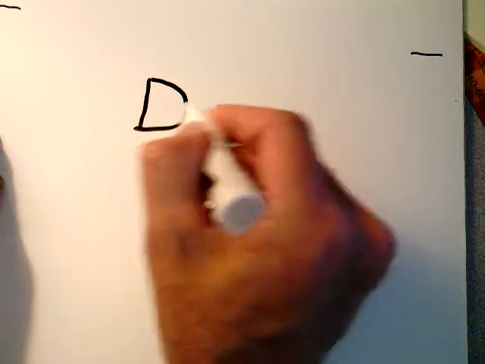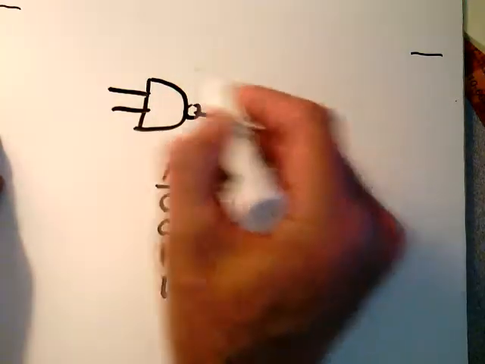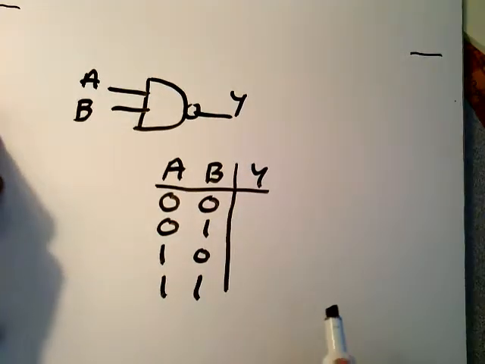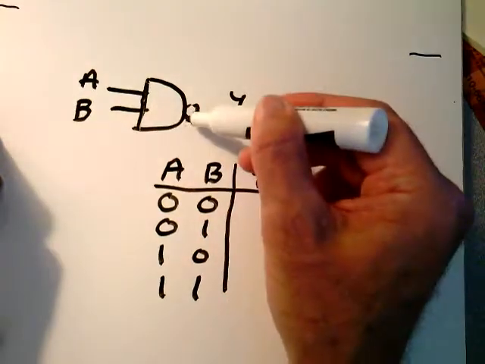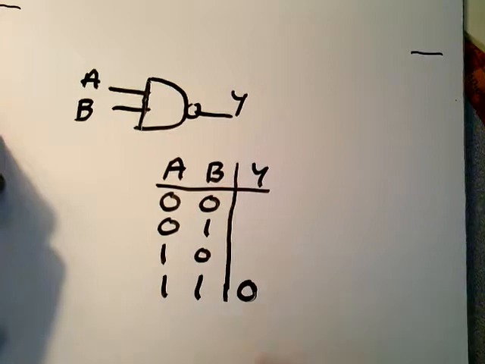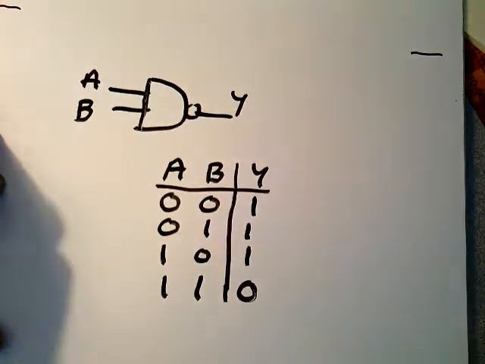The NAND gate looks like this in its basic form. This is Y, here's your A, and here's your B. This says a 1 here and a 1 here is the only time you get a low out. That's where the story's told. By default, this is 1, 1, 1, and that is the truth table to the NAND gate.